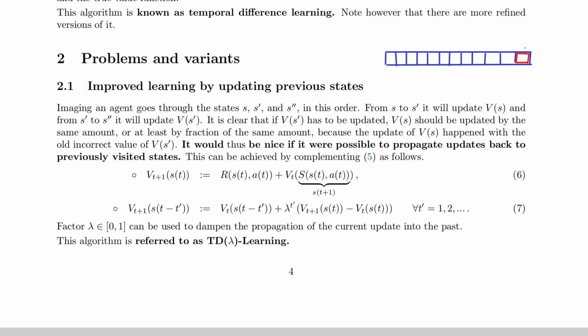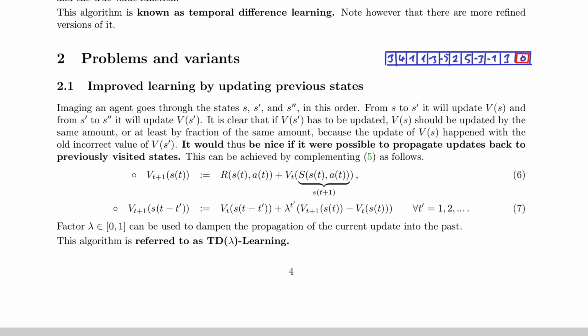Let's assume the boxes are all initialized with some values: 3, 4, 1, 1, -3, -5, 2, 5, -3, -1, 3. And we know the absorbing state has a value of 0.